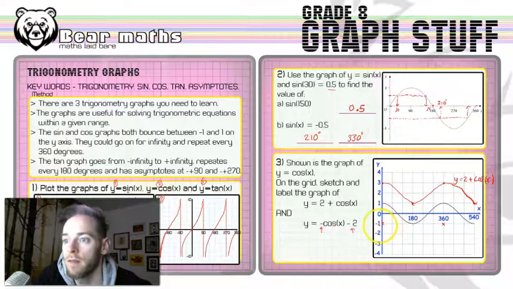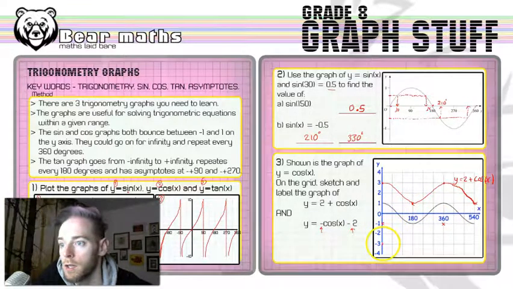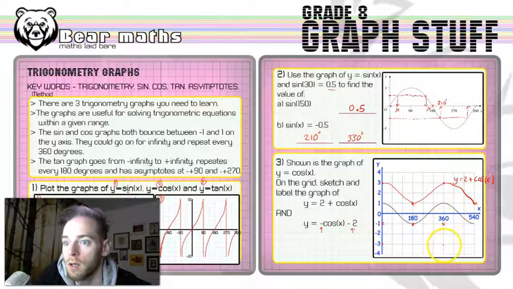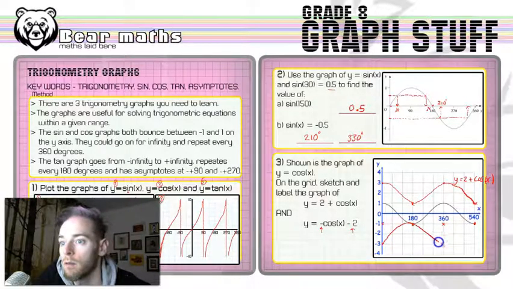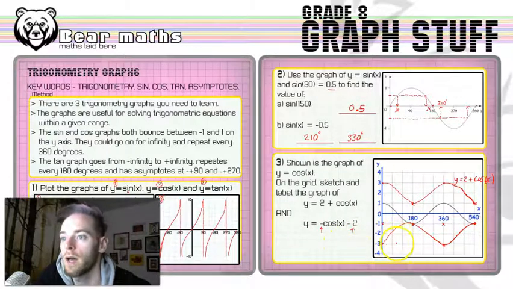The whole graph of that function has to move down by 2 units. So we're going to be here, here, here, and here. So I'm just going to plot those circles, and that will be that one. And I hope that all makes sense. So I will label that one y equals minus cos of x minus 2.